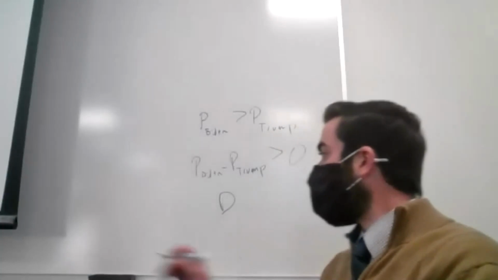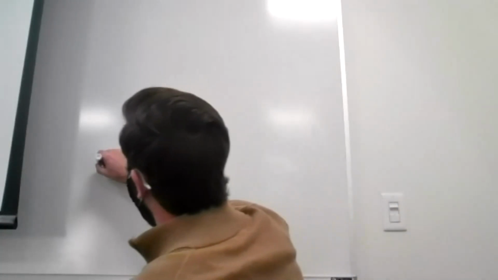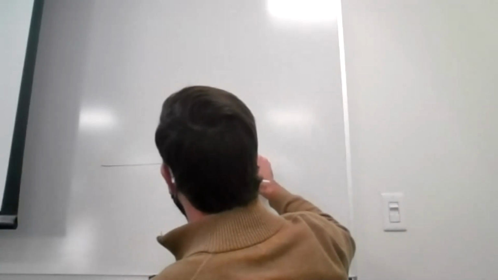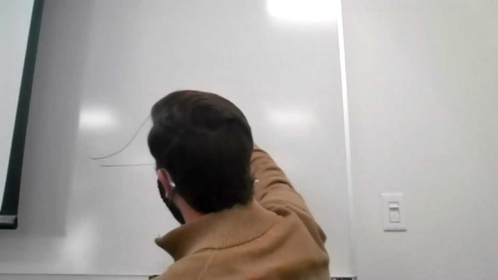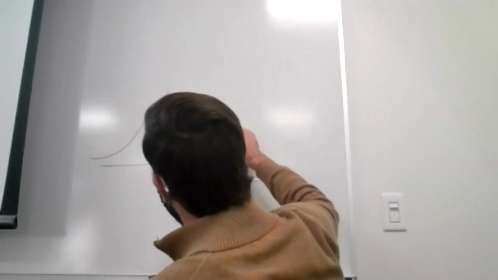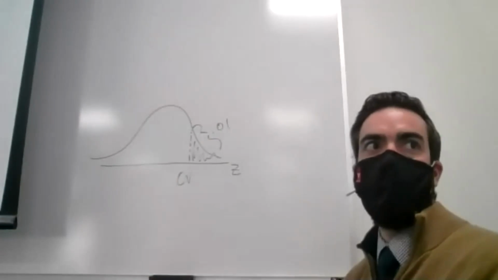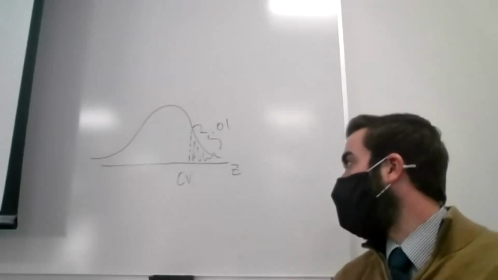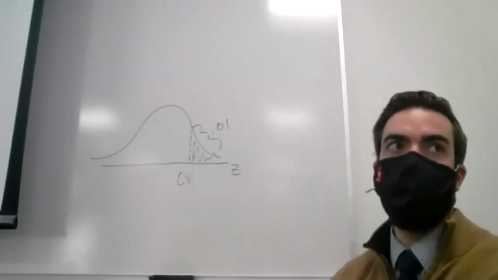So what that looks like visually is I've got this right-tailed test, and I know that I'm using the standard normal distribution because I'm dealing with a proportion. I want the critical value that gives me that alpha of 0.01 in the right tail. So when I look this up on the table, I would actually want 0.99 to the left.